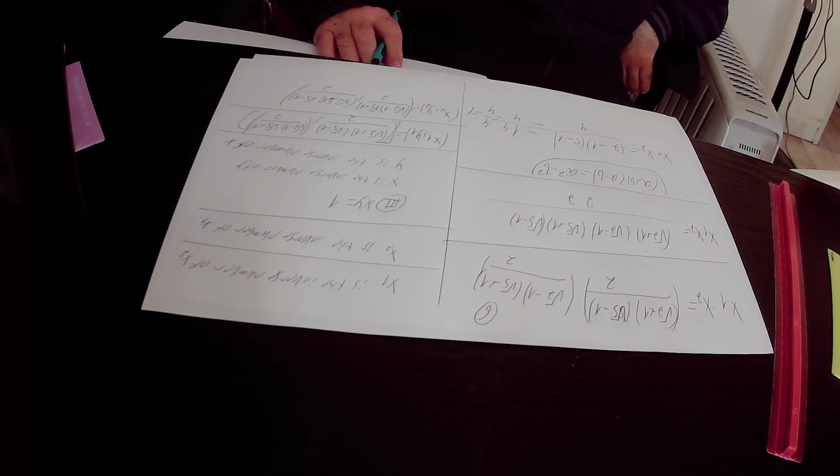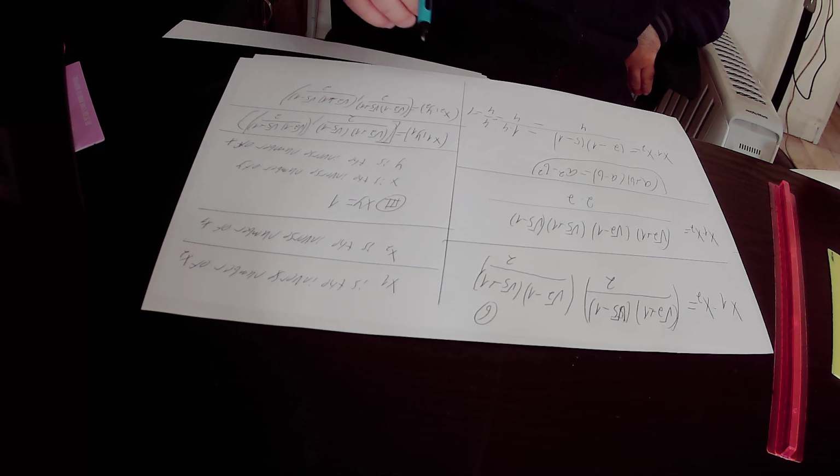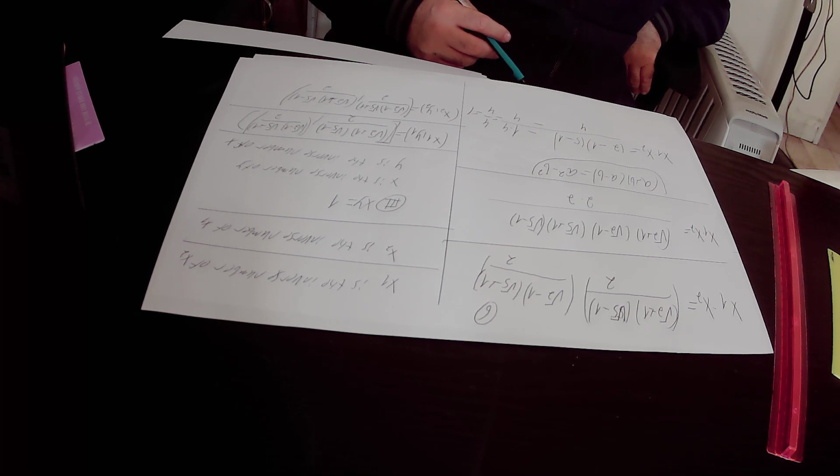We have already found out that x1 is the opposite number of x2, and x2 is the opposite number of x1. And according to equation number 3, x times y equals 1. That is to say, x and y are two inverse numbers. x is the inverse number of y and y is the inverse number of x.